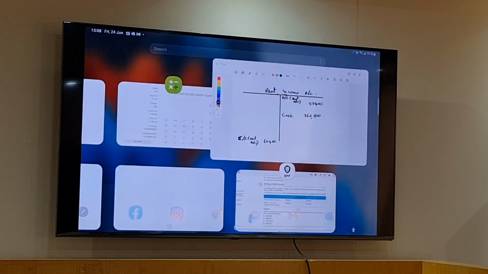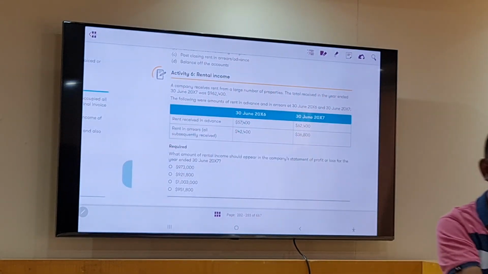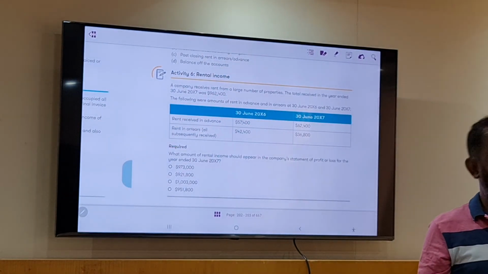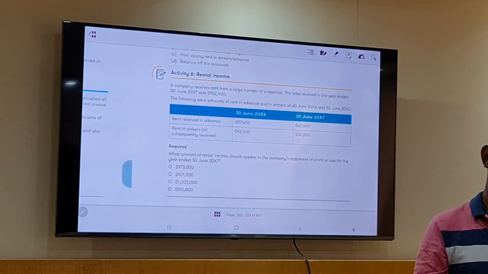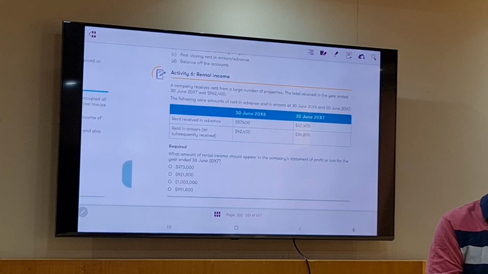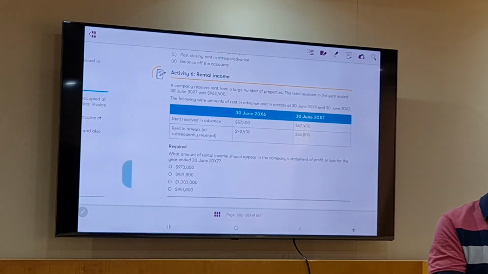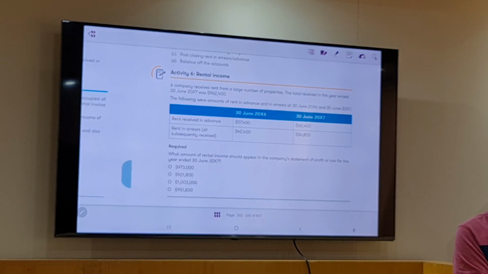Now this is advance. Now we need to understand the meaning of arrears. Is arrears an asset or liability? If advance is also a liability, then how come arrears is also a liability? See, arrears means, say, January rent: you didn't pay at the beginning of January, you pay on the 31st of January.